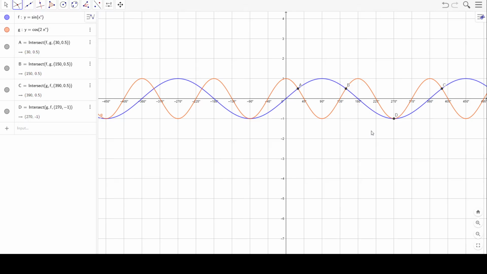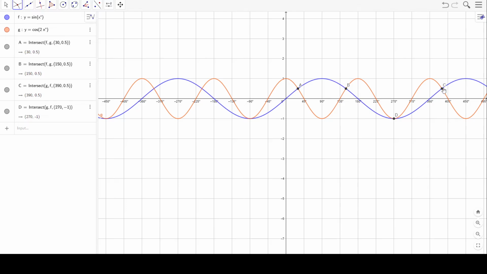So what should we do? You see, point A is 30 degrees. Point B, read it here, it's 150. And point D is 270.